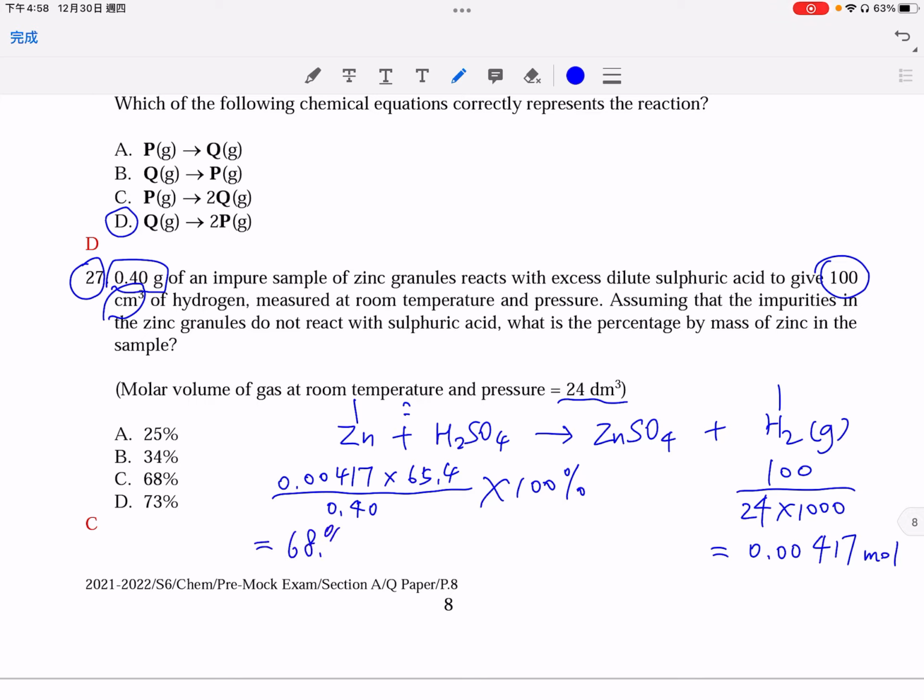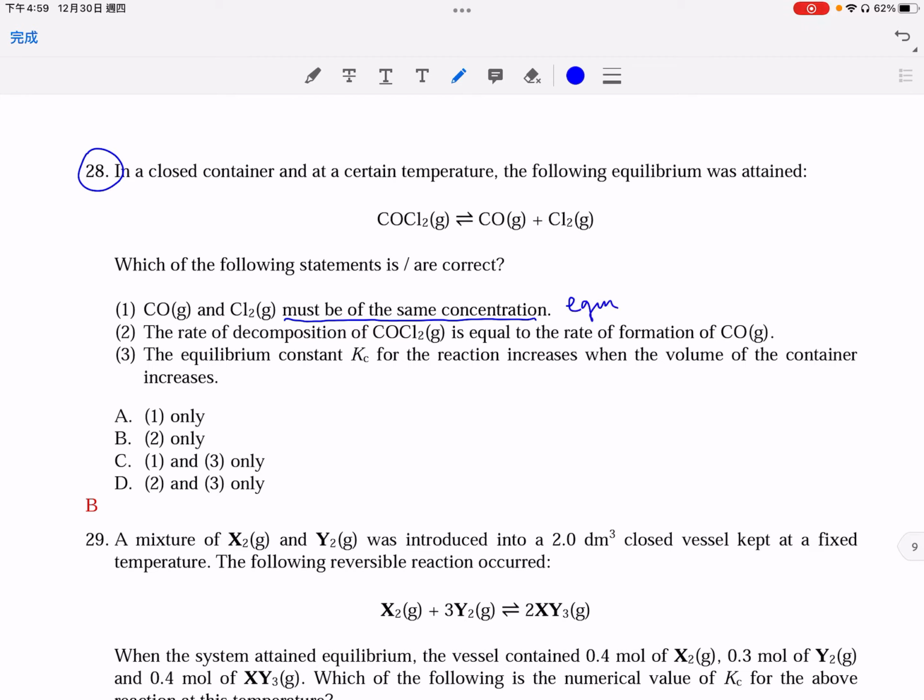Question number 28. For this equilibrium, first of all, make sure you know that an equilibrium can be attained from either direction, from either side. Therefore, if we are to attain the equilibrium from the right-hand side, for example, I put 1 mole of CO and 2 moles of Cl2 at the beginning, and then I allow the system to reach equilibrium.